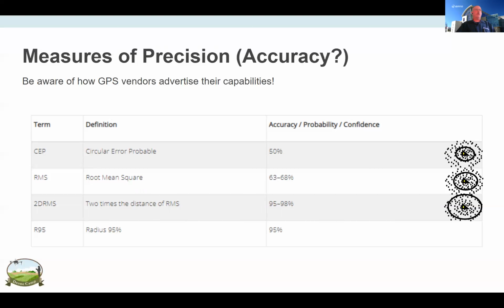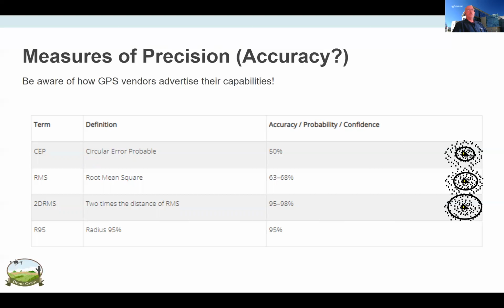Circular error probable is the most forgiving of the accuracy measures that most GPS units will quote. That means that 50% of the positions are going to fall within that circle of that radius. It doesn't mean that all positions are that bad, but it means that 50% of the time this unit is going to give you a position that is within that distance from the true position.